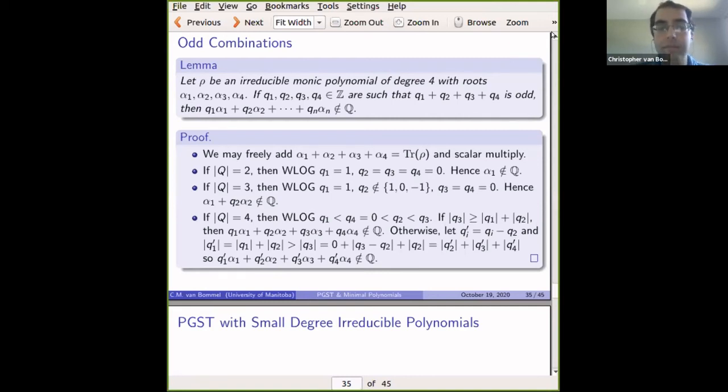And so that's helpful for finding additional examples of pretty good state transfer. In the interest of time, I'll omit the proof.